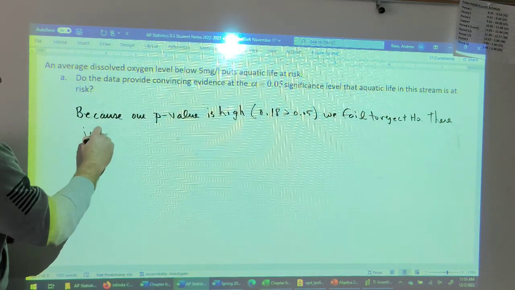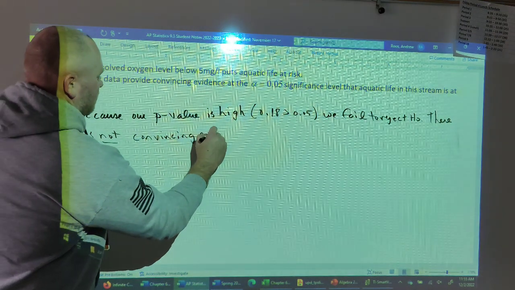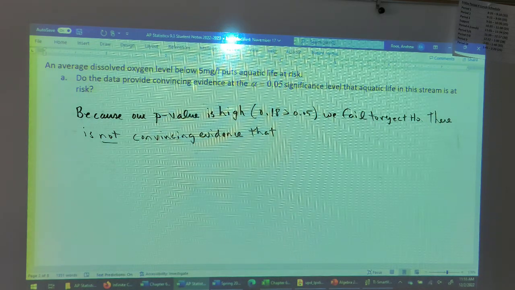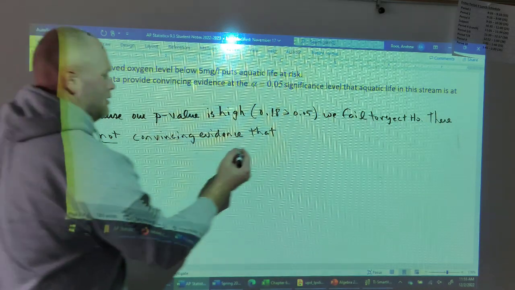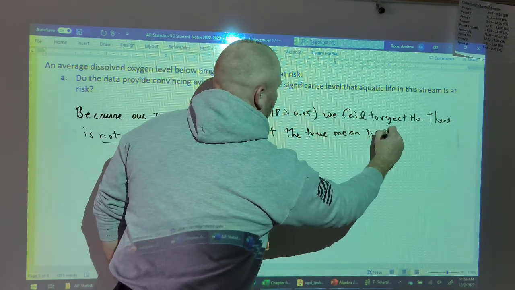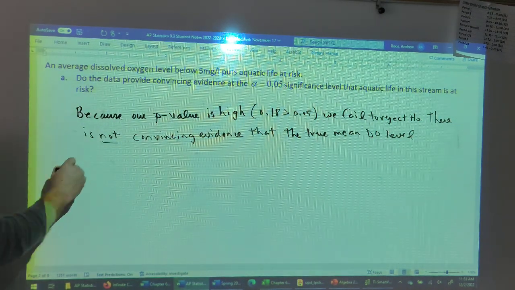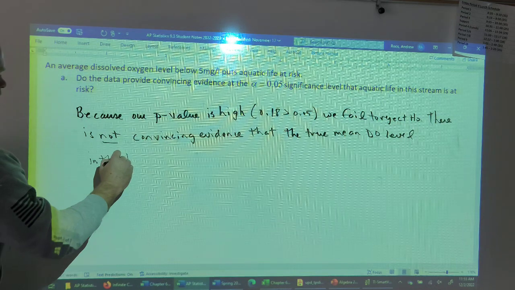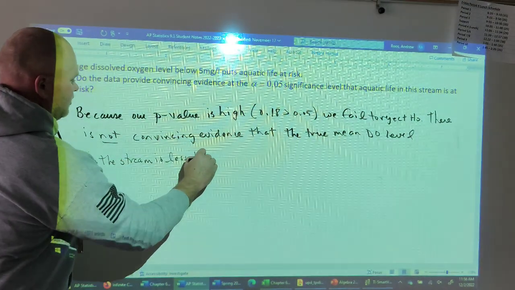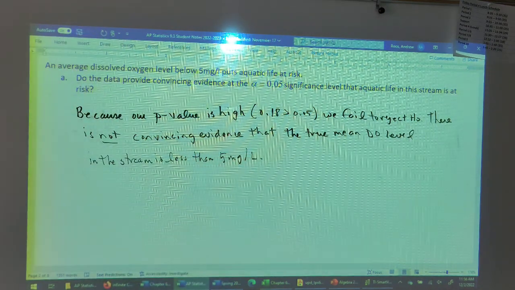So there is not convincing evidence that the true mean DO level in the stream is less than 5 milligrams per liter, okay?